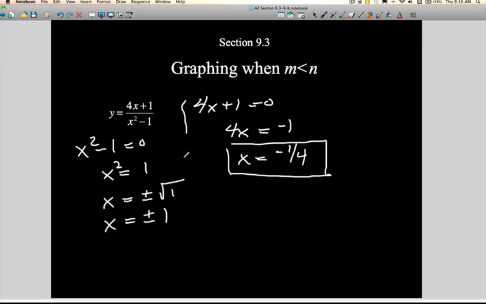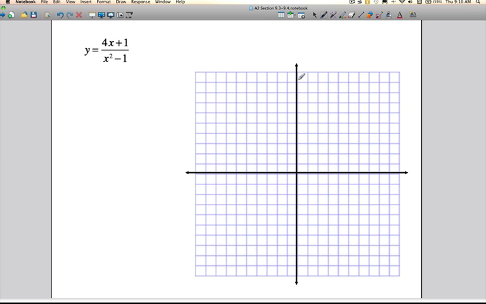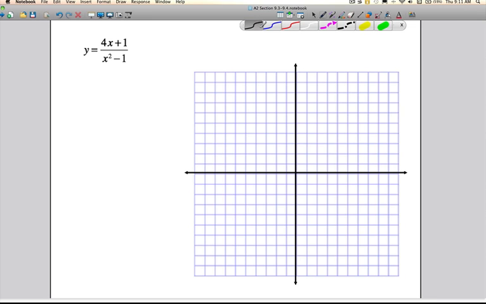And the last thing I want to find out is about my horizontal asymptote. My degree in the numerator is smaller than the degree in the denominator, so y equals 0 is my horizontal asymptote. If I want to go ahead and graph this, I know -1/4 was an x-intercept. I have asymptotes.